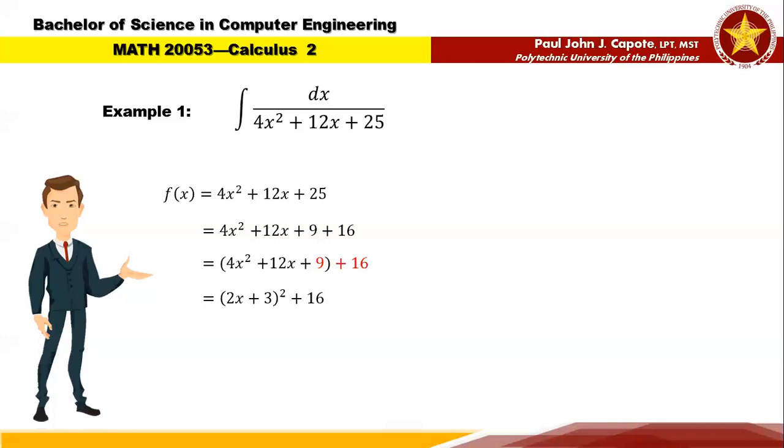Now we express our f of x as a sum of two squares. So we transform our integrand into dx over the quantity 2x plus 3 raised to 2 plus 16, where u is equal to 2x plus 3, and a is the positive square root of 16, which is 4.